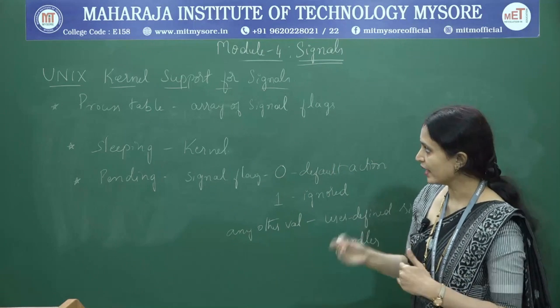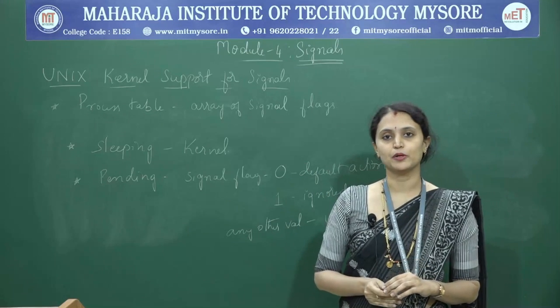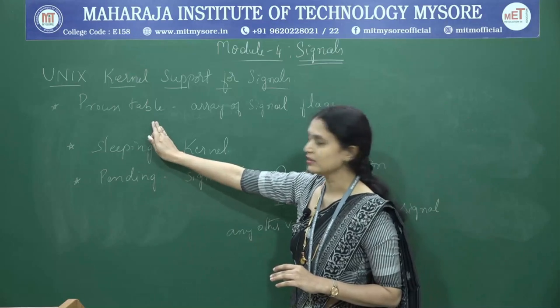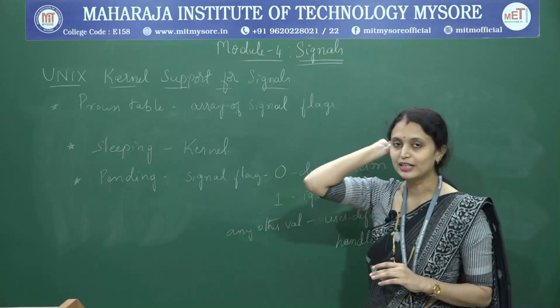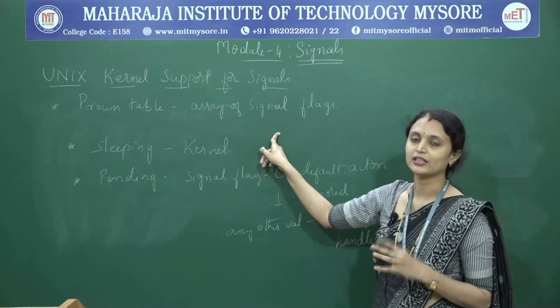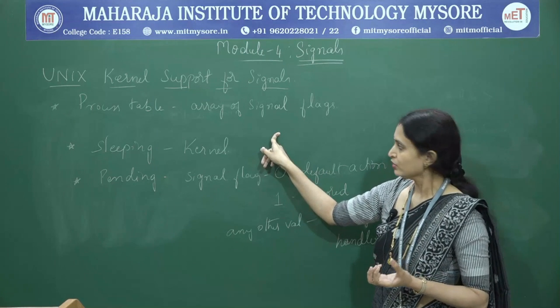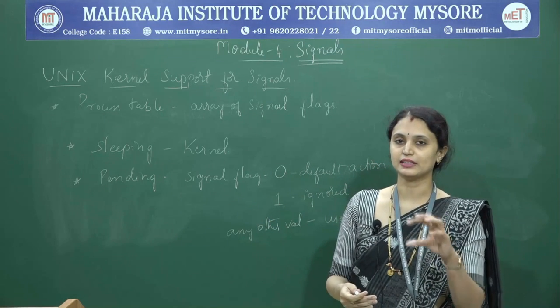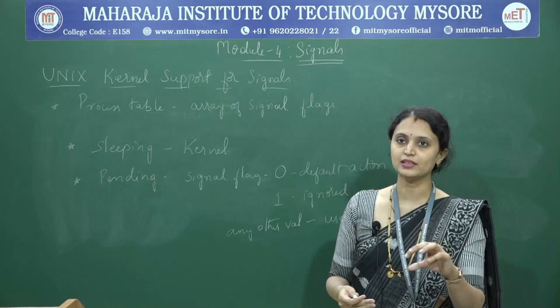So this is how the kernel provides support for signals. It will have the process table, and each process table will contain an array of signal flags, where signal flags are associated with the corresponding signals. Whenever a signal is sent to the process, the corresponding signal flag will be set by the kernel.